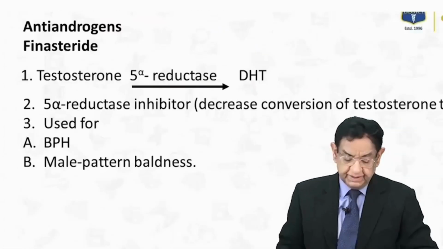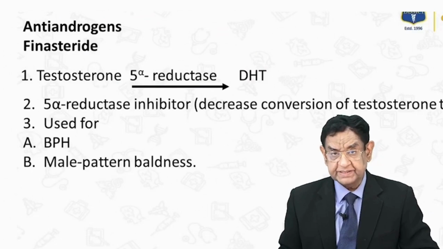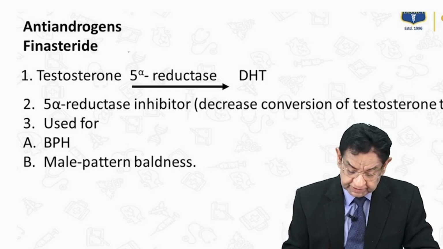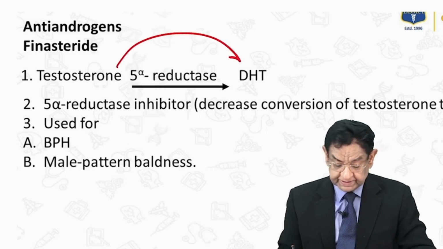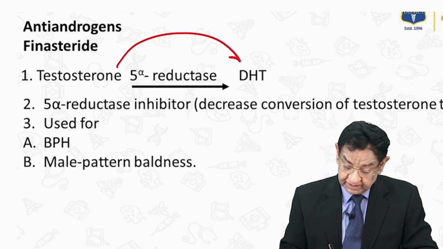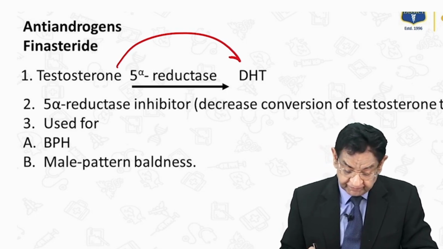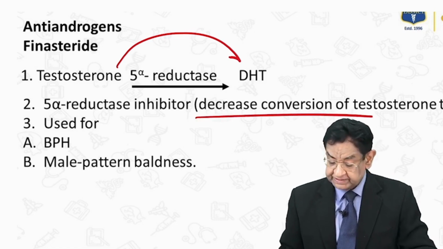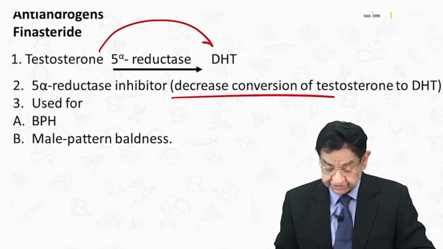That means they are going to promote hyperlipidemia. Anti-androgen, the drug is finasteride. Well, we all know very well that testosterone is converted into DHT by 5-alpha reductase. Now, this is a 5-alpha reductase inhibitor. So that's why it decreases conversion of testosterone to DHT.